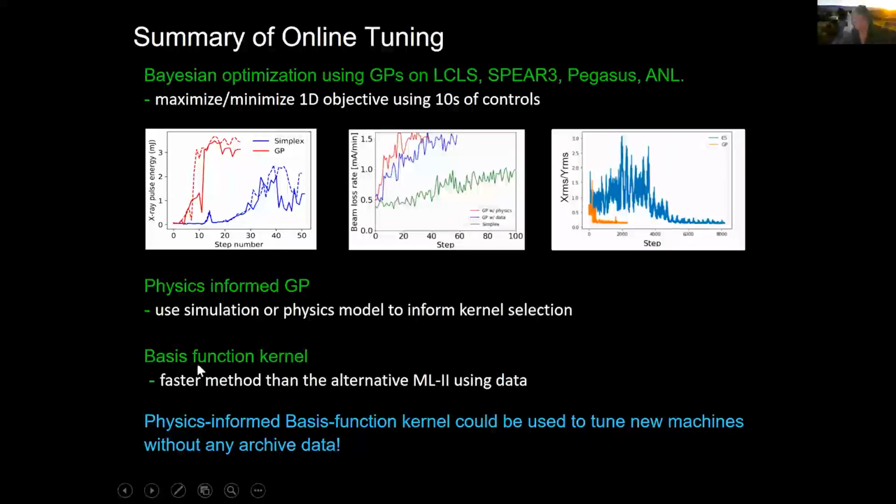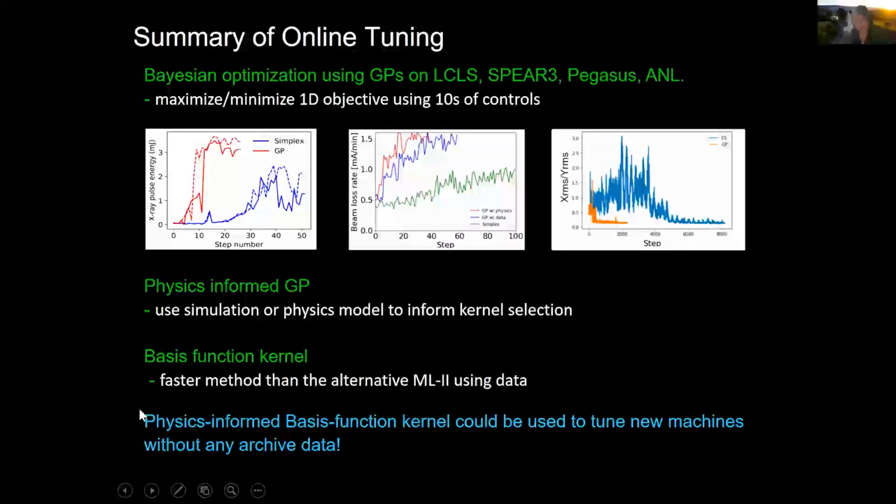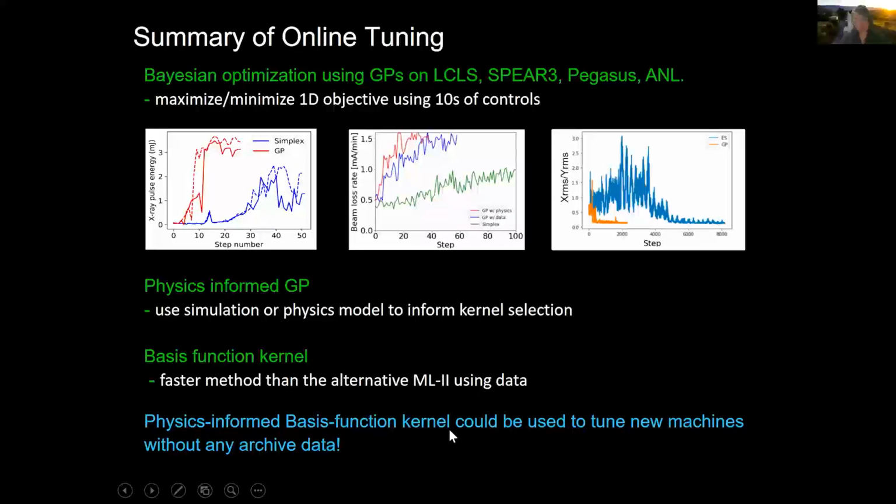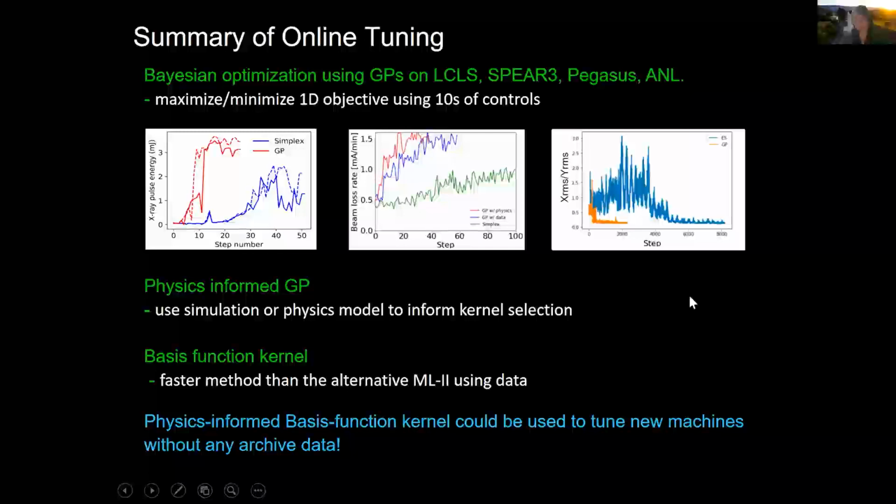And we saw the basis function kernel, which is a faster method than the alternative ML type 2 using data. The one takeaway from here is that the physics-informed basis function kernel is cool, because we can tune new machines without any archive data, just based on prior simulations.